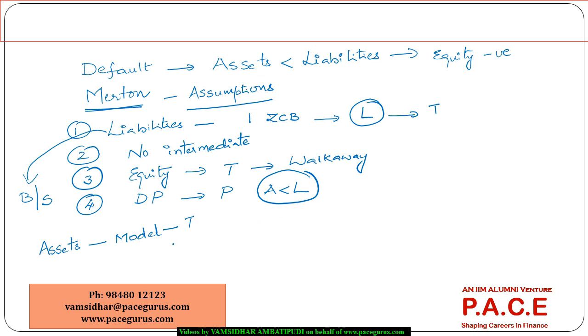In general, it is assumed that the asset values follow a log normal distribution, which means the logarithm of the asset values follow a normal distribution. Correct? Anything that follows a log normal distribution, the logarithm of that is going to follow a normal distribution.